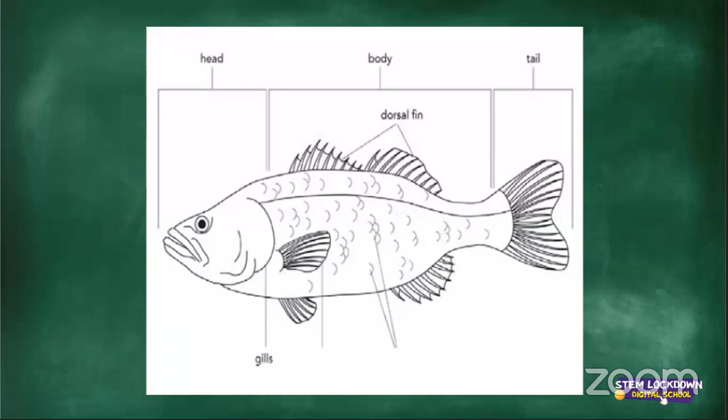Then, these are the gills for air. Right, and then the fish is covered in scales.